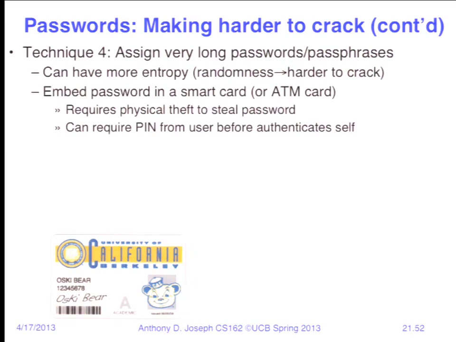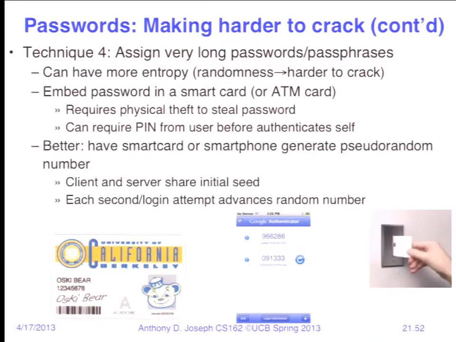Sort of, not quite, but for the most part. You can add a PIN. Some of the card readers that we have actually have a PIN pad on them. So you have to use your card, and then you have to enter a PIN code in order to use it. Even better is to download something like Google Authenticator and turn on two-factor authentication. How many people use two-factor authentication?